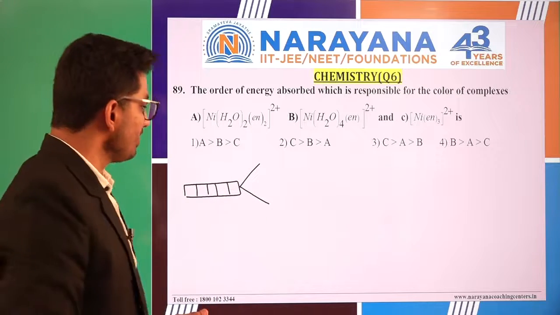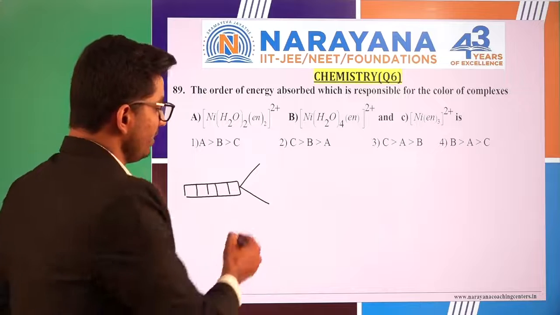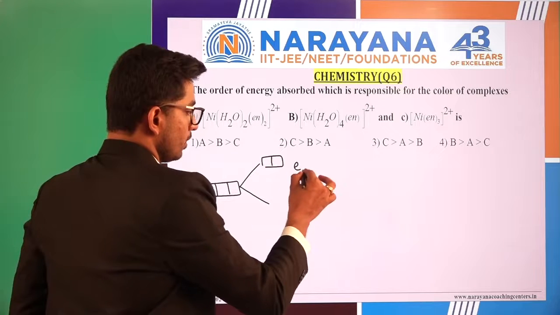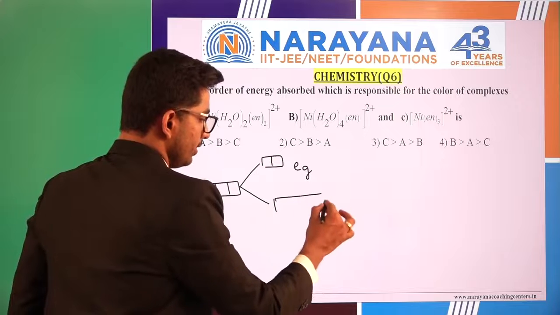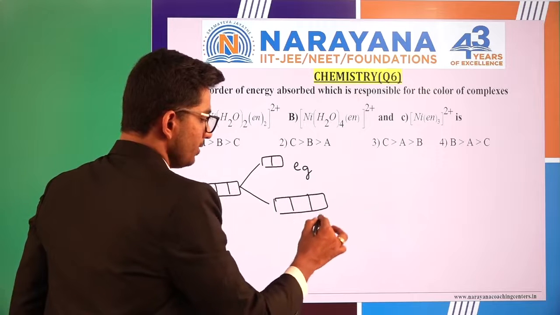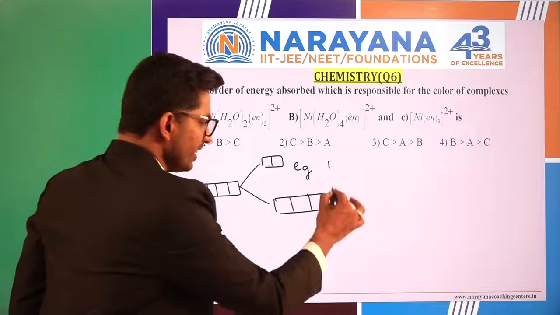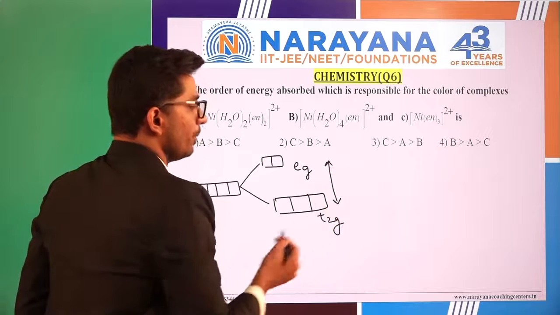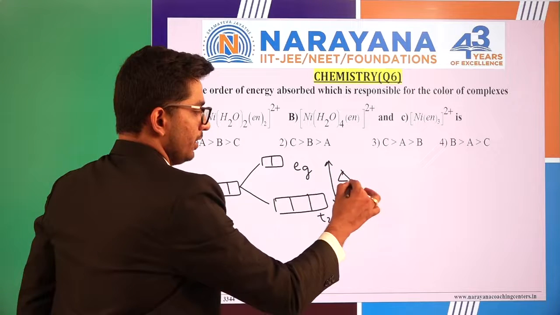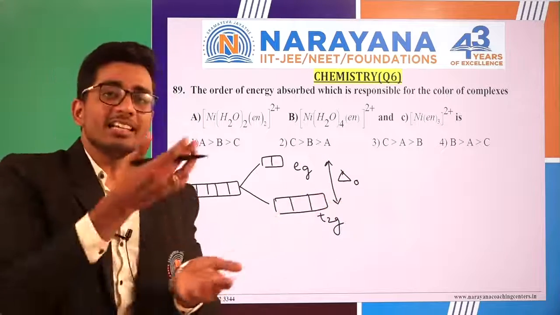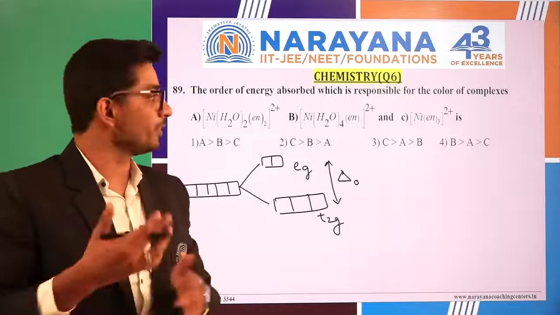So here we'll see that we have EG orbitals here, and we have T2G orbitals here. So if you'll see, the difference in energy of these orbitals is called splitting energy, and that is what makes the electron make transitions and produce color.